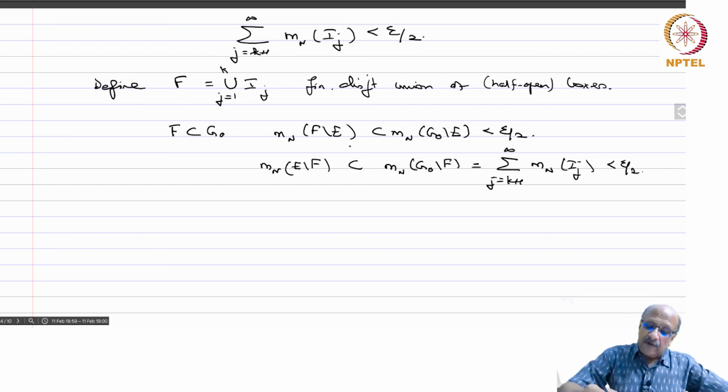So Mn of F minus E is less than epsilon by 2, Mn of E minus F is less than epsilon by 2, so Mn of E delta F is less than epsilon. So this completes the proof.